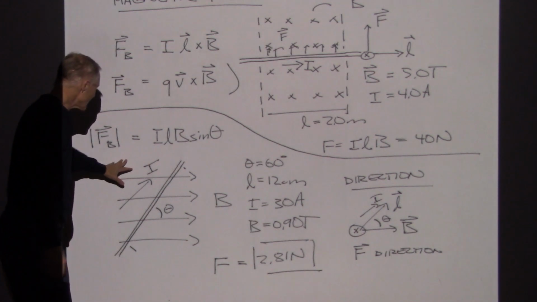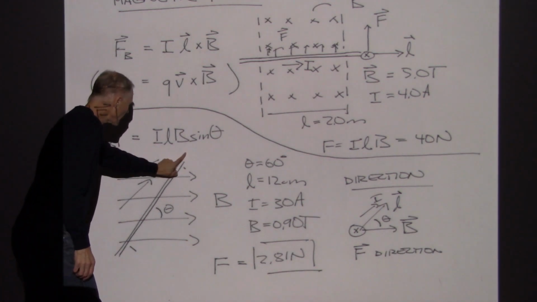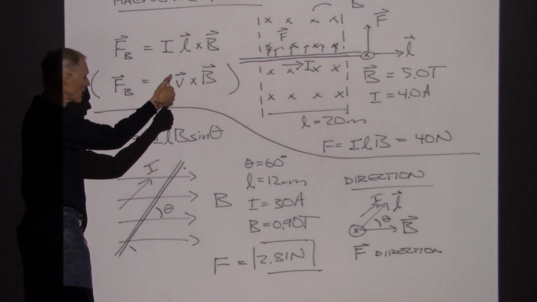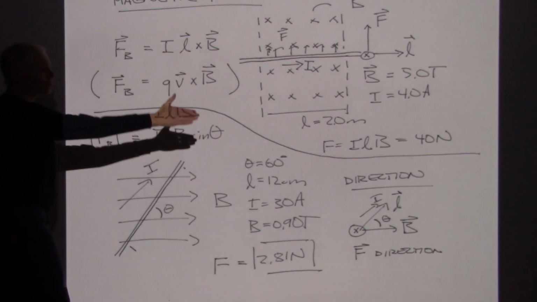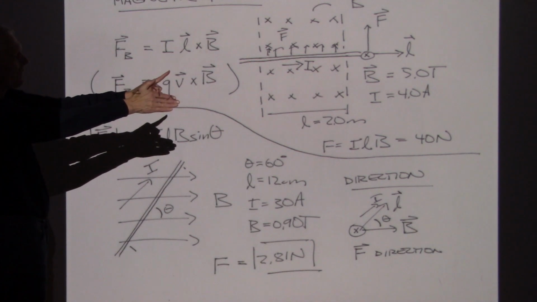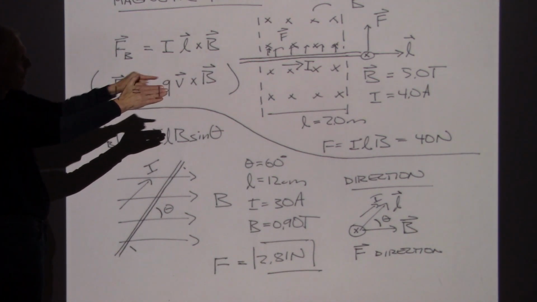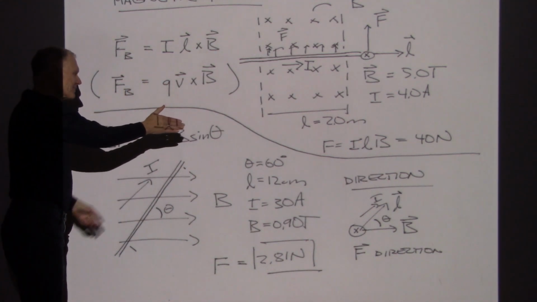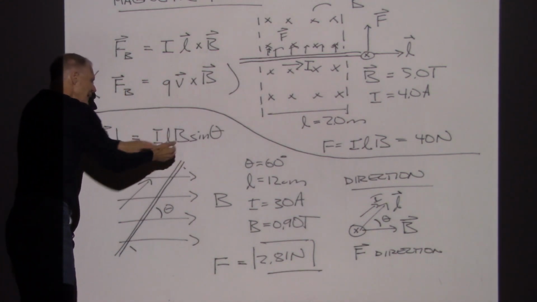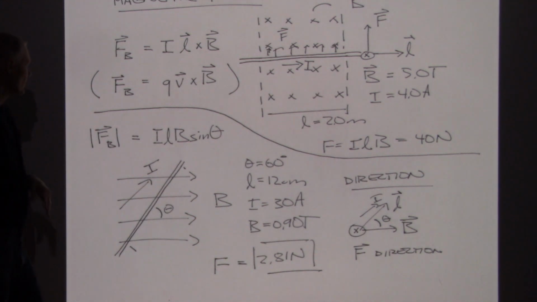So what that gives us is the current is going along the wire. That was the direction of my thumb. The magnetic field is along the page. That's the direction of my fingers. So that's the direction of the current. That's the direction of the magnetic field. My palm is now facing into the wall, into the board. And that's the direction of the force.